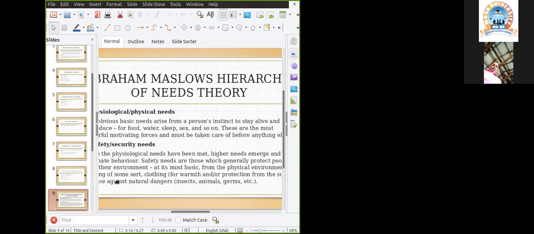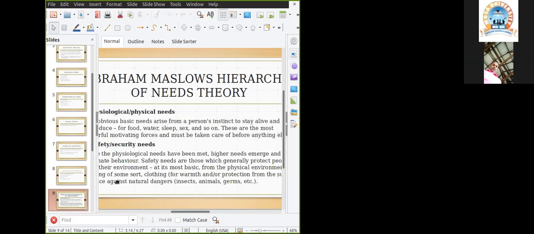The understanding is that if physiological needs have been met, that's the only time the person will have other types of needs, or will graduate into the second type of need. These are referred to as safety and security needs. Once the physiological needs have been met, a higher need will emerge, which will determine behavior.